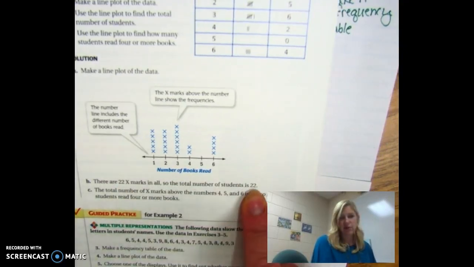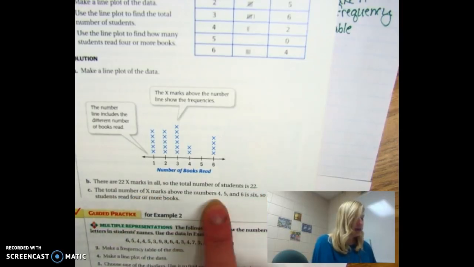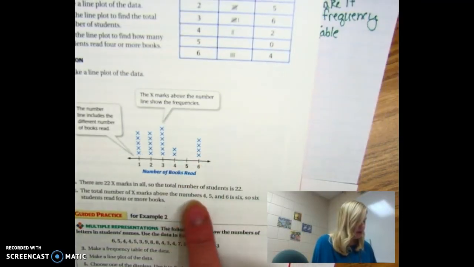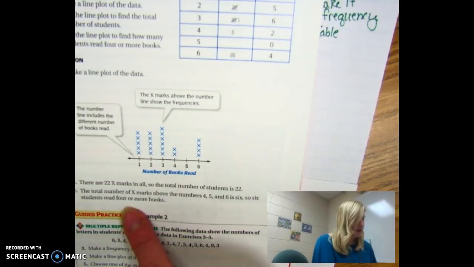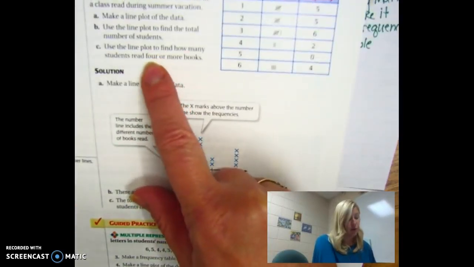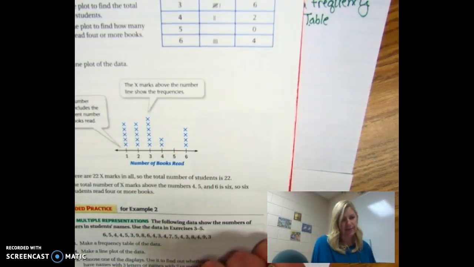So the total number of students is 22. And then the total number of X marks above the numbers 4, 5, and 6 right here is 6. It's 4 or more. If you look back up here, it's not more than 4. It's read 4 books or more. 1, 2, 3, 4, 5, 6. So you can use this to find the answer.